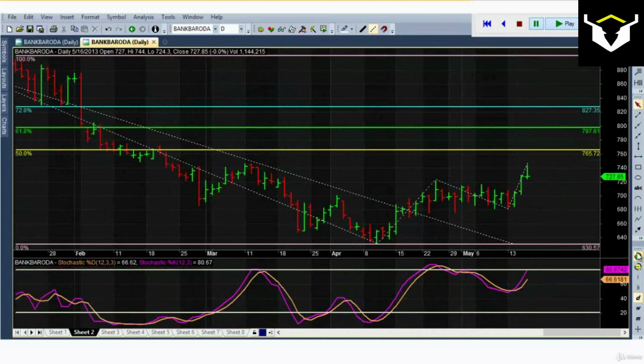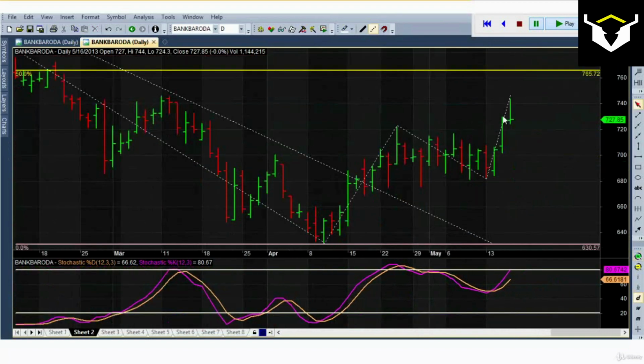I'll zoom in. You can see the nearest ratio is 765. I'll plot extension and ratios of A and B to see if we find another closest price cluster. Let's go ahead.